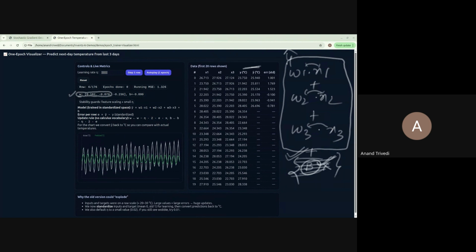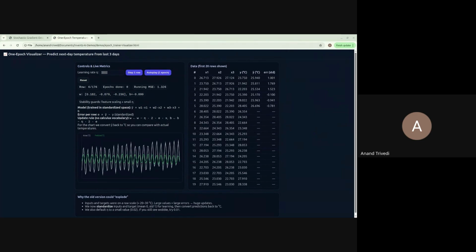If my learning rate is very small, let's say, learning rate into whatever my error is. Weight minus 2 e into x. The 2 is basically in order to amplify that thing. So basically learning rate into error will be updated into the weights.